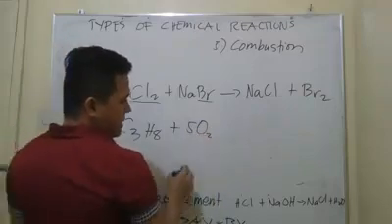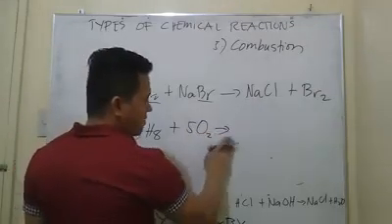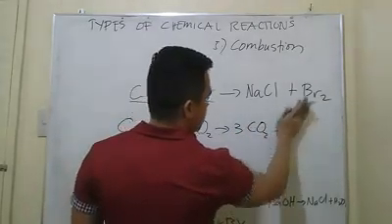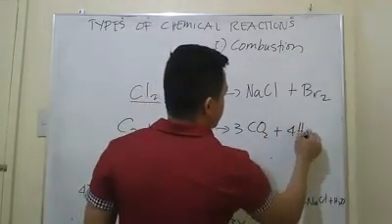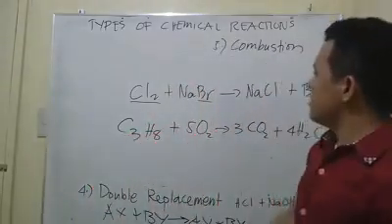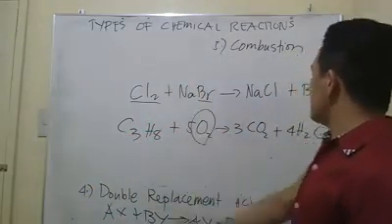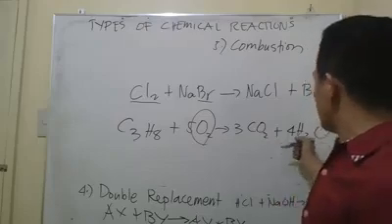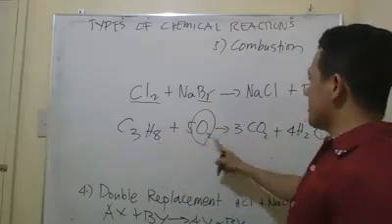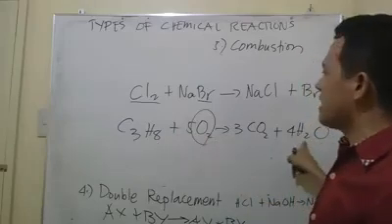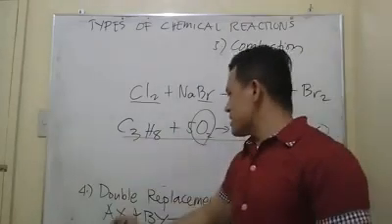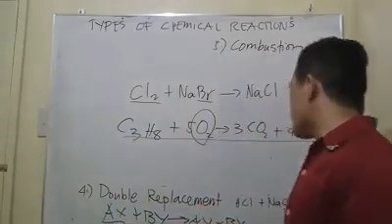Some of the chemical reactions I use are already balanced. The oxygen replaces, and we have carbon dioxide, and the other produces water, H2O. Anyway, in this case, we have just an exchange of partners.